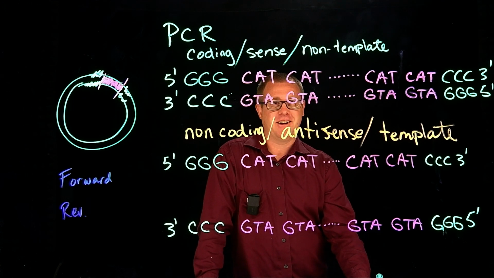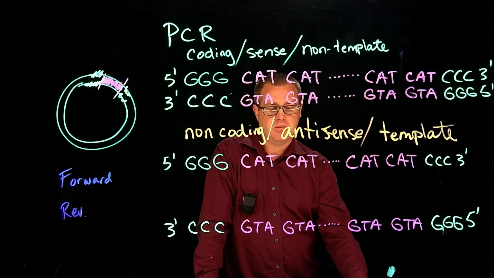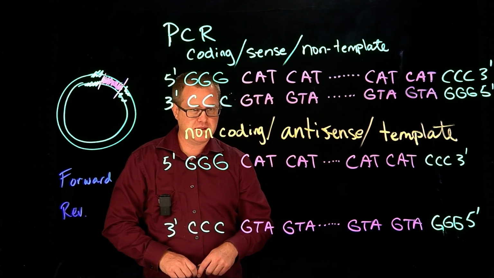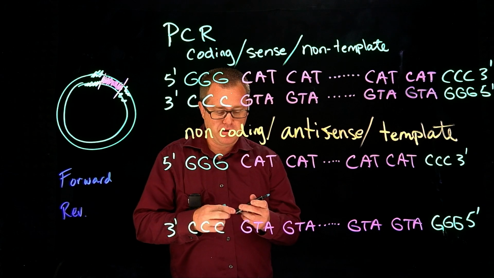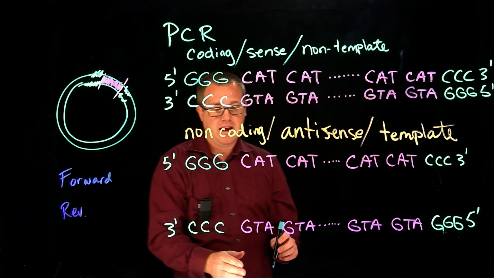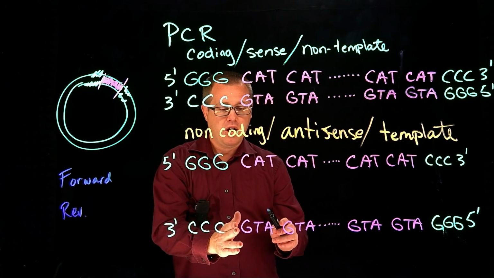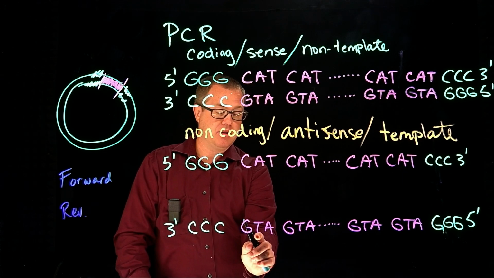Please note that that's not the real way that you design primers, because they need to be longer than that. But just for space purposes, we will just design a primer that's 3 nucleotides long. So we come here to the template strand, and on this side right here, what's going to pair up with these nucleotides right here?